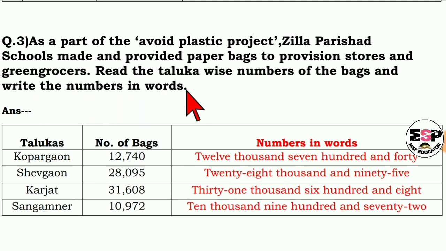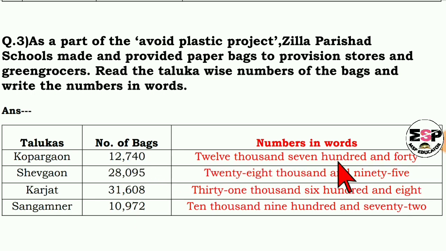There is a project, Avoid Plastic Bag. Under that, Jilla Parishad schools have prepared paper bags and supplied them to provision stores and green grocers. So taluka wise, the number of bags are given here. The first column is of talukas and the second column is of number of bags. What you have to do, just write these numbers in words.